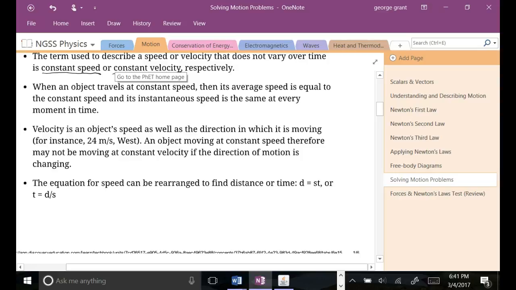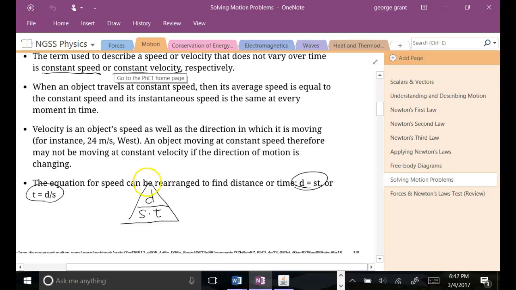The equation for speed can be rearranged to find distance or time. This would be the arrangement for distance. This would be the arrangement for time. You can also use the visual calculator.